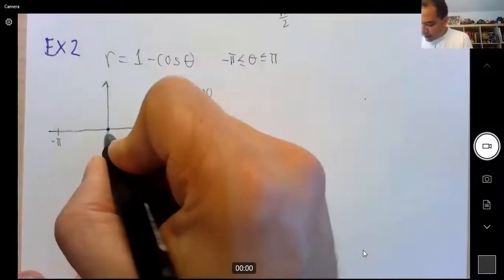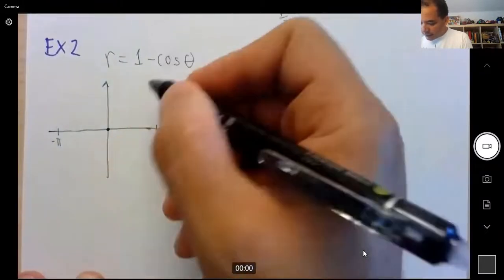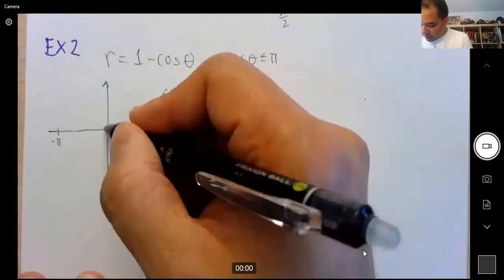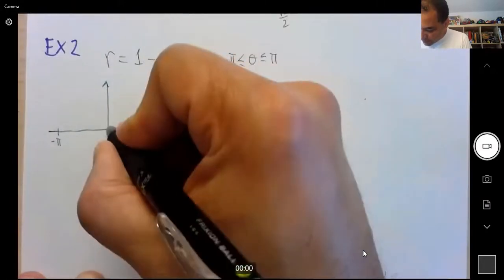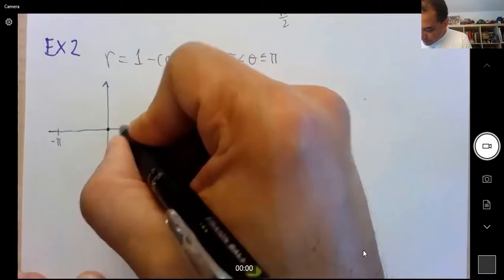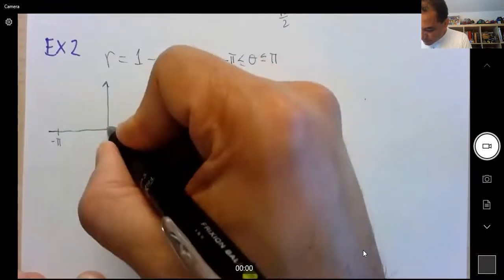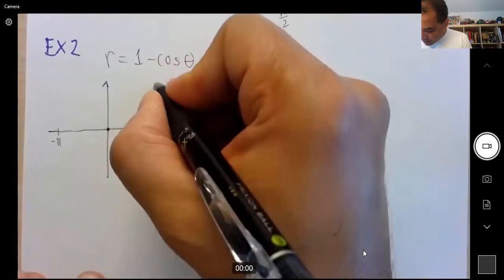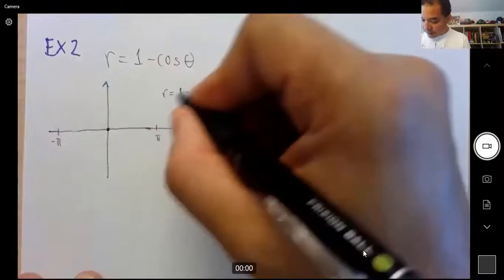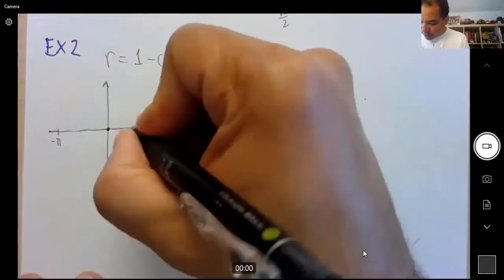Yes, and then it's like the graph of negative cosine. You move 1 unit up. All right, so it's like this, and it goes. Cosine of pi is negative 1. Okay, let's maybe plot a few more points.